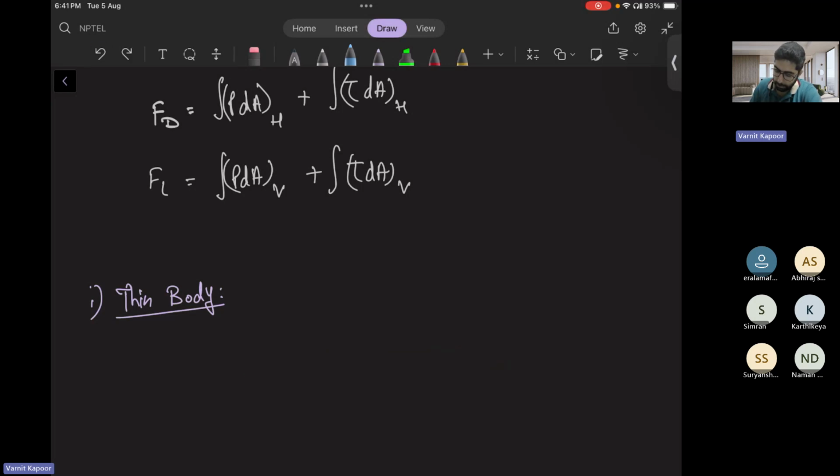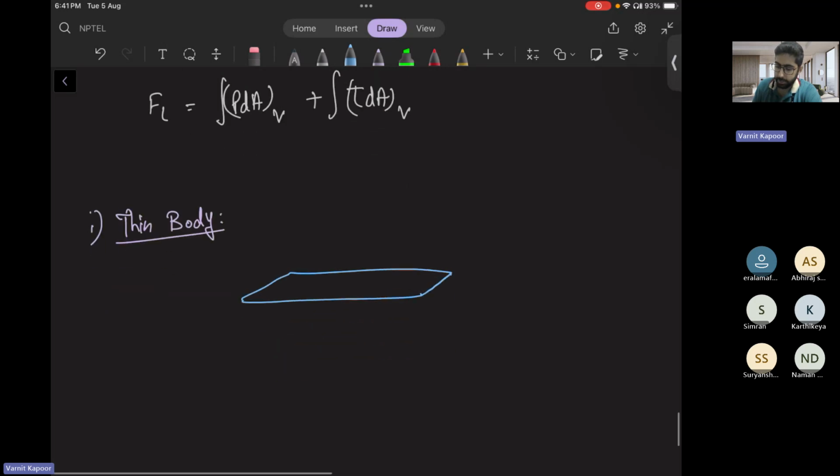So there is no thickness, so the area will be 0. Here the pressure force, P dA, is 0. So the pressure force will be overall 0. There is no pressure force when fluid is flowing with velocity u infinity.